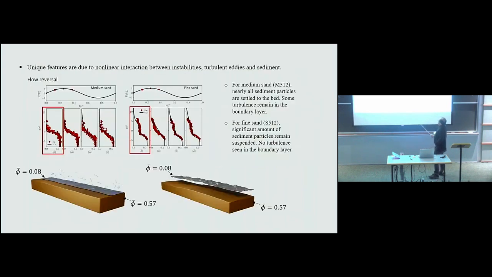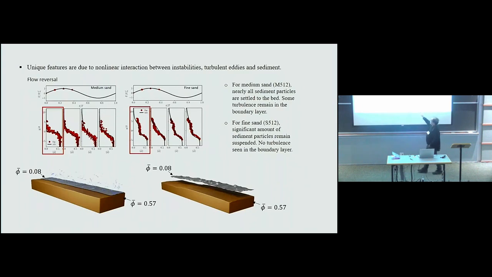First, here you look at the comparison of measured ensemble concentration profiles under different phases of the wave against the LES data. The left is the medium sand, the right is the fine sand.